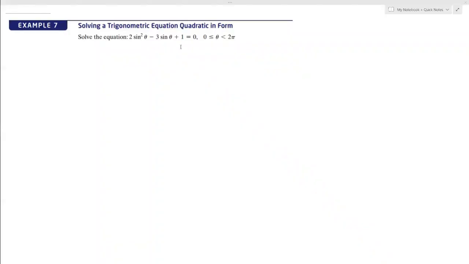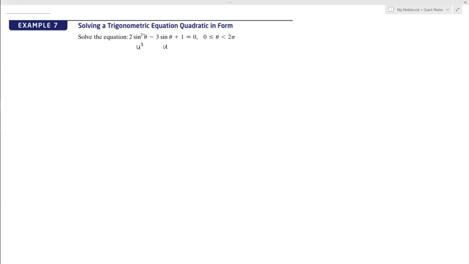Okay, in this example, they call it quadratic in form, because if we look at this and we notice that we're taking some constant times the square of the sine theta minus another constant times sine theta plus 1 equals 0. So we can think of this as a u squared, and we can think of this as a u because they're the same base.